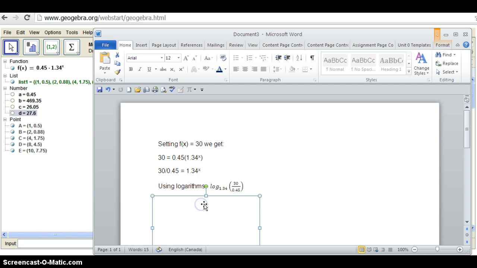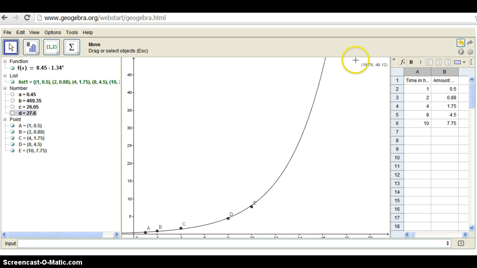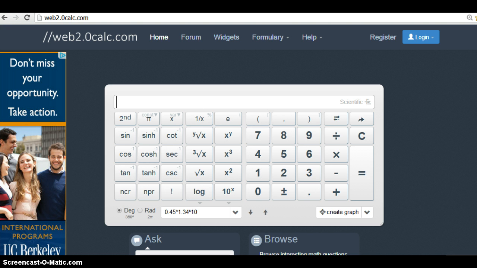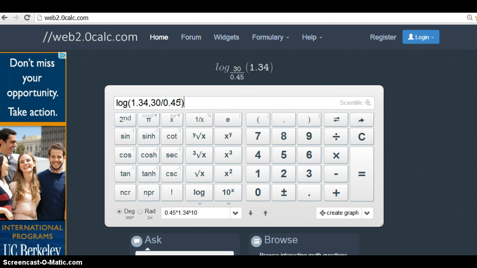Using logarithms, I would have the log of 30 over 0.45 to the base of 1.34. And I need to find the logarithm of that. So I'm going to go into an online calculator and say I want the log base 1.34 of 30 divided by 0.45.